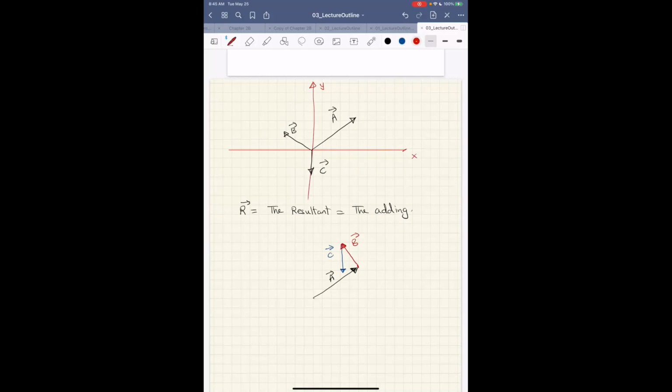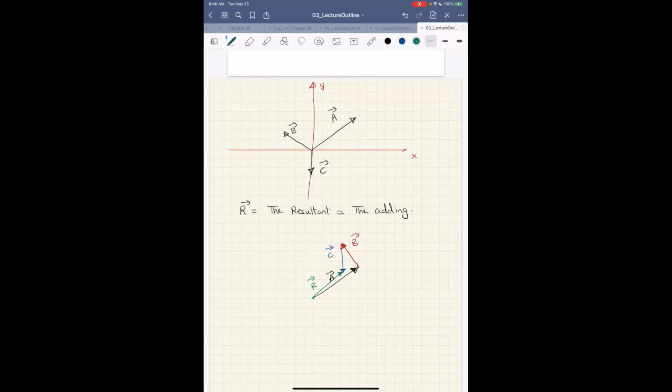The one that I'm going to draw now in green is going to be my resultant vector, R. When I'm talking about resultant or adding vectors, imagine that I can make separate displacements, A, then move to B, then move to C, and an equivalent of this is going to be R.